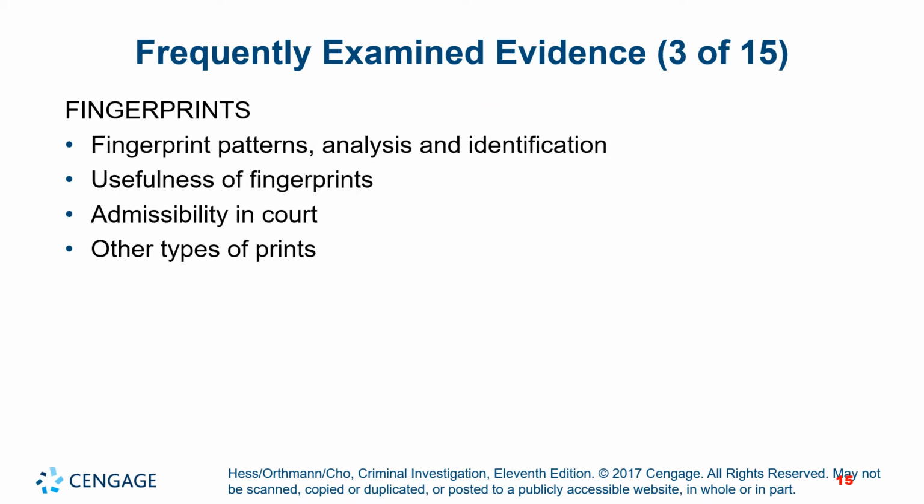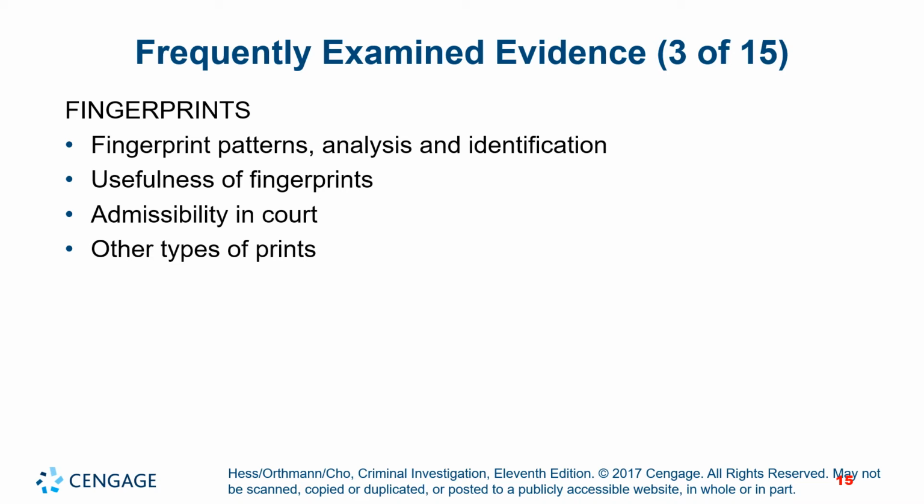I mentioned that in a usable print, there are 12 matchable characteristics on a single fingerprint, and that is the requirement for positive identification. And these matchable characteristics involve arches, loops, and whorls that are unique on each individual fingerprint, and those are then analyzed and identified through the arches, loops, and whorls.